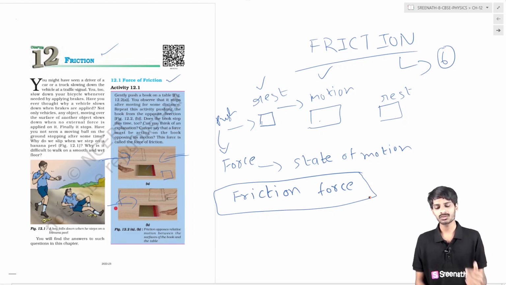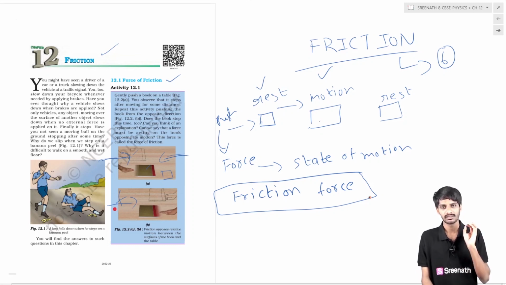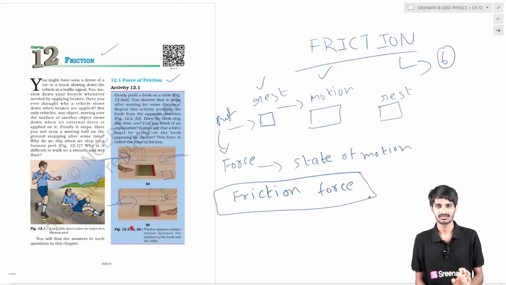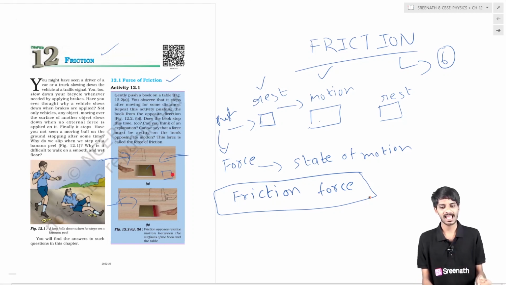So finally, what we can conclude is that frictional force is the opposing force. It always opposes the relative motion. Friction force always acts in a direction opposite to the motion. This is the direction of motion, and it acts in the opposite direction.